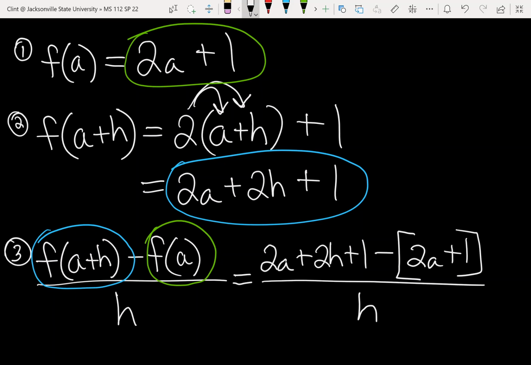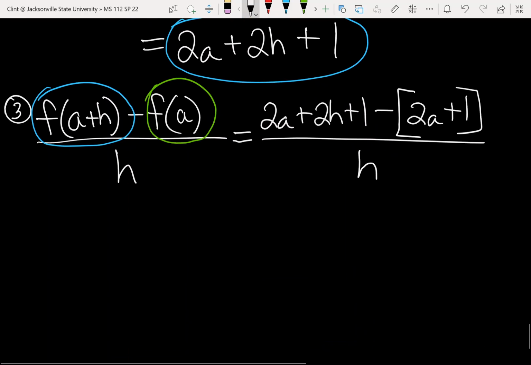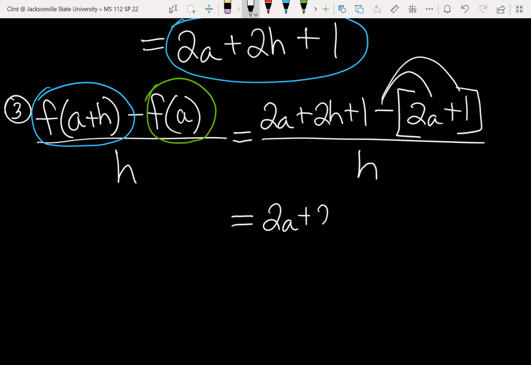And then the big thing we want to do on this problem is we want to simplify all that mess. Okay. It's actually kind of nice to work with, because we get quite a bit of stuff that cancels out. And so if we distribute the minus sign, we'll get 2a plus 2h plus 1 minus 2a minus 1, over h.